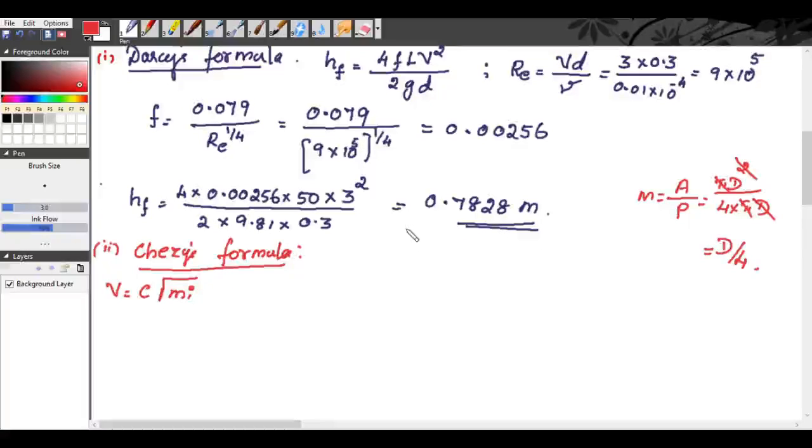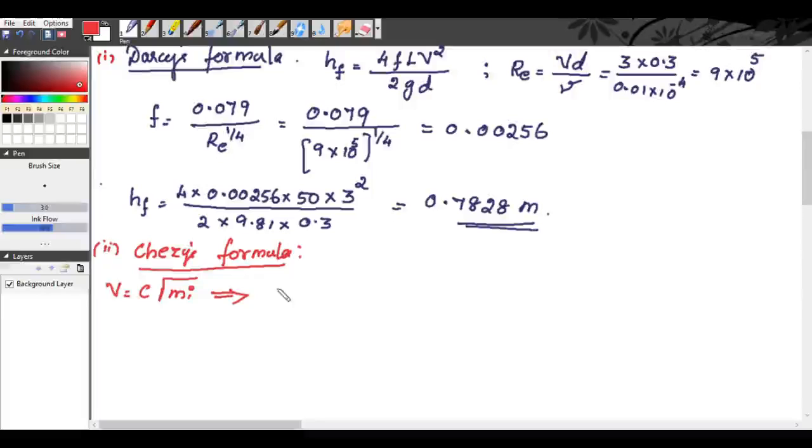So from that we can find what is i. From this formula, the mean velocity is given as 3 meter per second, that is equal to Chezy's constant 60 into square root of m. m is nothing but the hydraulic mean depth.